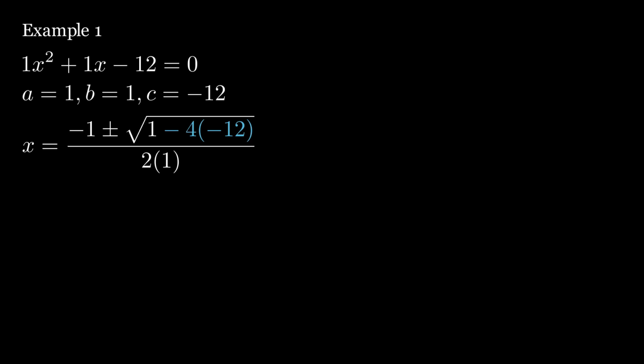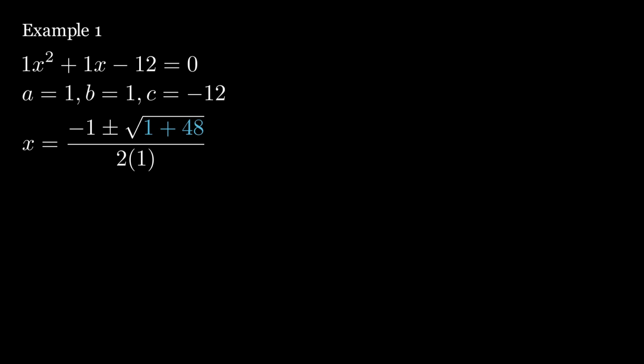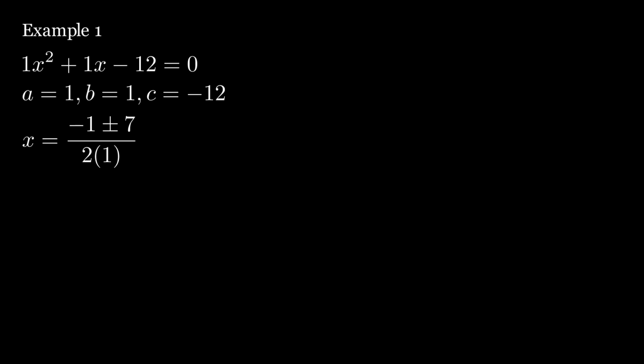So 4 times 12 is 48, and don't forget negative times negative is positive, so we have positive 48. 1 plus 48 is 49. Square root of 49 is 7. The bottom part is 2 times 1. 2 times 1 is 2.